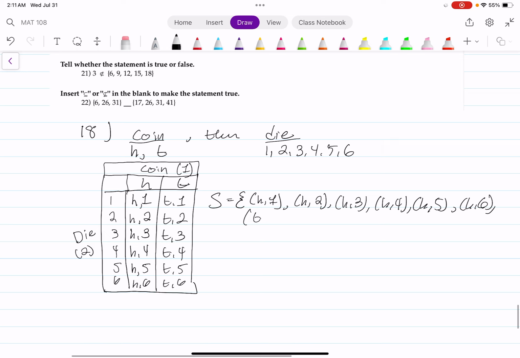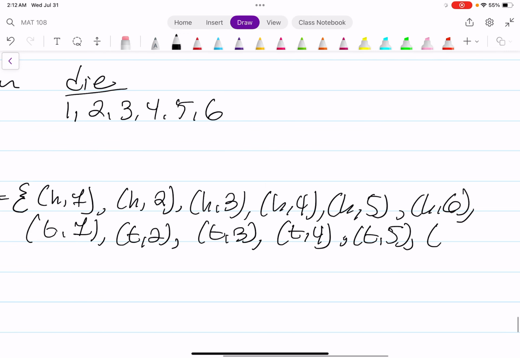And then we have tails 1, tails 2, tails 3, tails 4, tails 5, tails 6. I want to write this better, actually. Make this more neater.